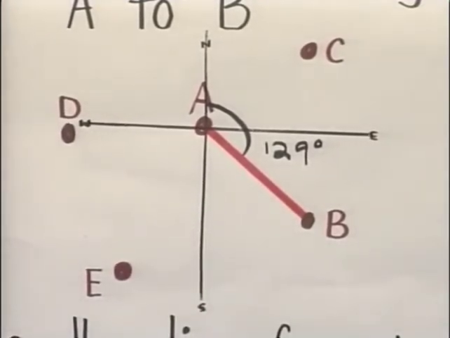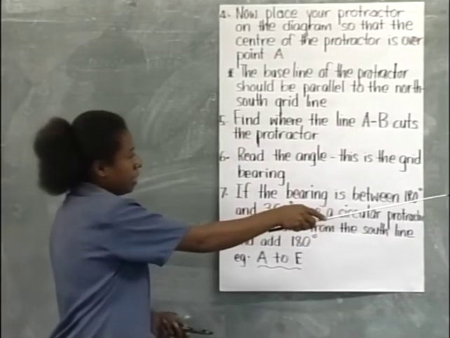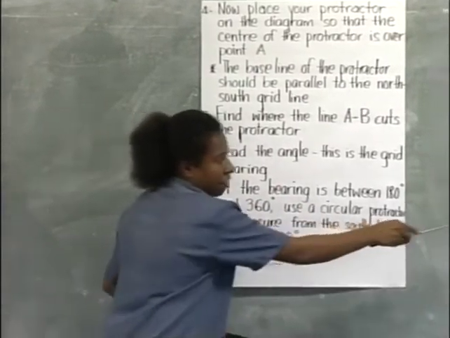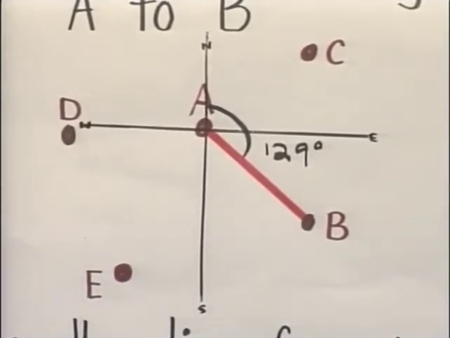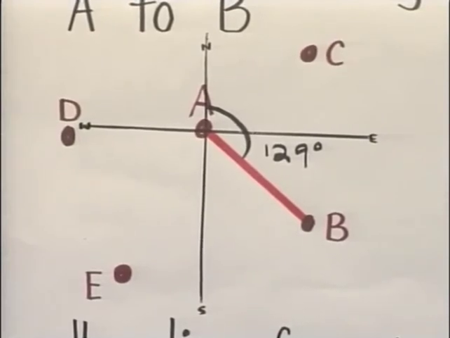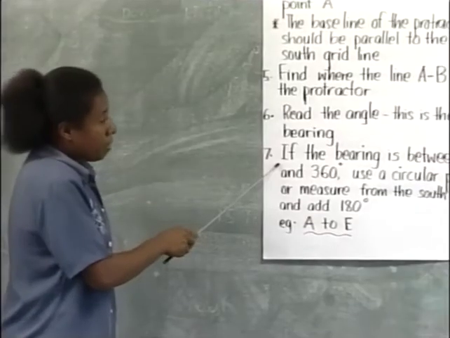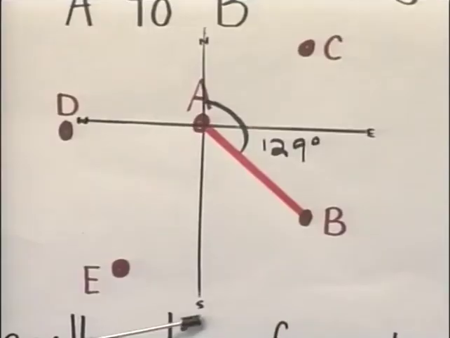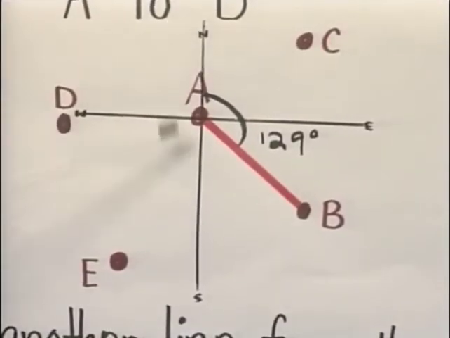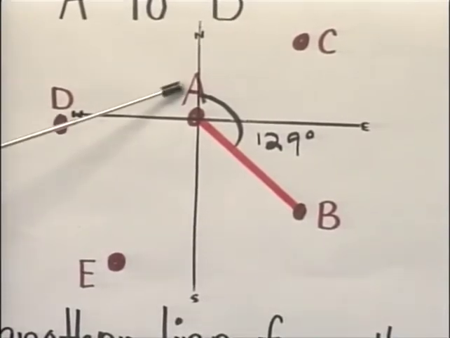I have just read the angle by doing that, and I have found that the bearing of A to B is 129 degrees. If the bearing is between 180 and 360, that means it's between this point here and that point coming back towards the west now.